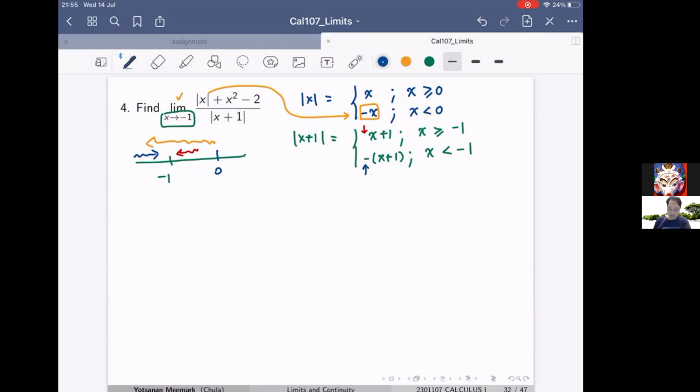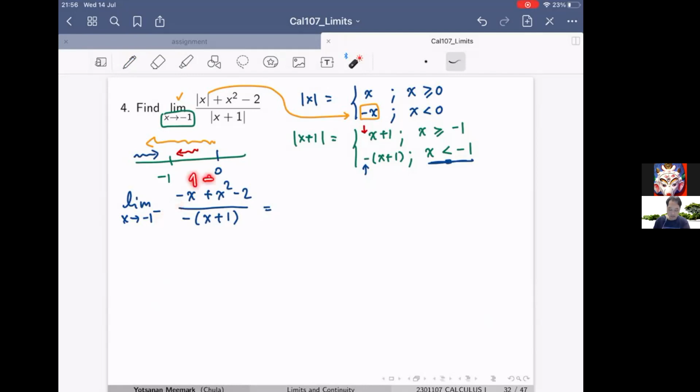So here you need to separate this limit by yourself. On the left-hand side it will be negative x plus x squared minus 2 over, and on the left-hand side you use this formula, which is negative x plus 1.